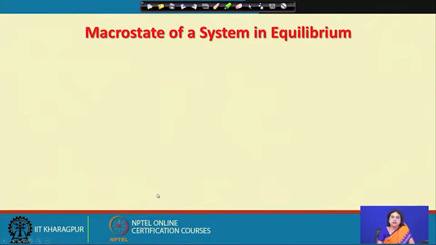So, let me just remind you of what we have learned regarding the macro state of a system, or in other words, how to characterize the equilibrium state of a system that can be experimented on in the macroscopic scale.